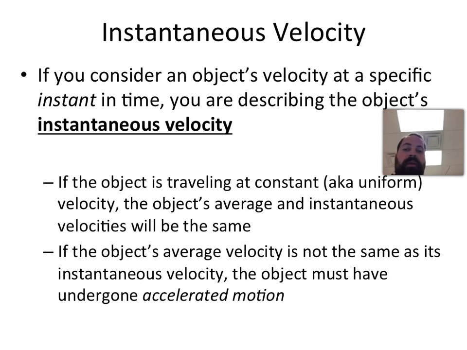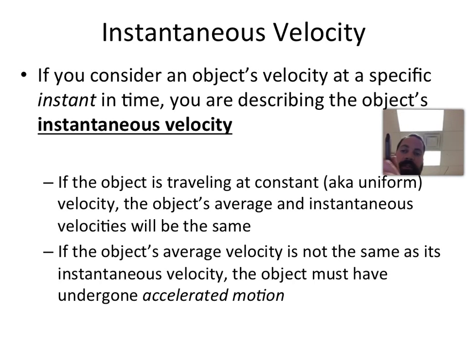If it's moving at a constant velocity, or uniform velocity, the average speed and the instantaneous speed or velocity would be the exact same thing, because it's moving at a constant rate, so at any one point it's going to be the same velocity.